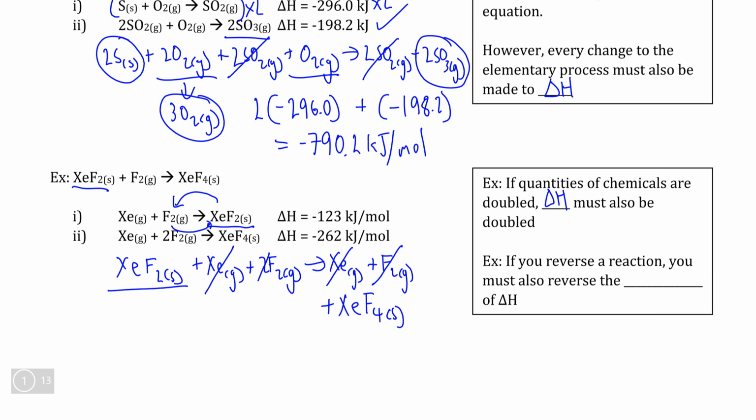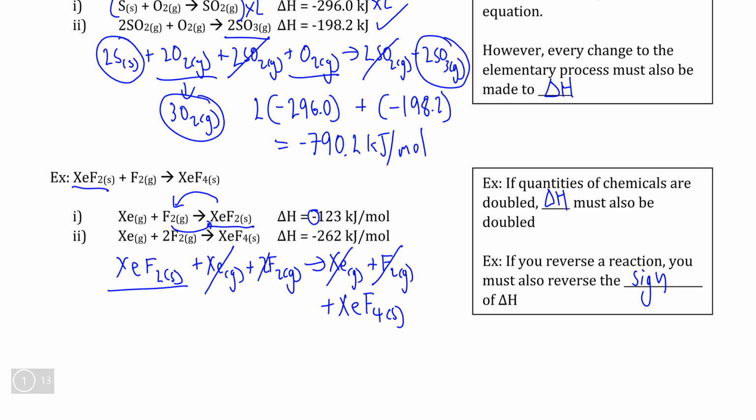Now, if we flipped the direction of our reaction, that means that we must also reverse the direction of delta H. Now remember how delta H works: if you take an exothermic reaction and have it go backward, delta H stays constant in magnitude, but the sign changes.